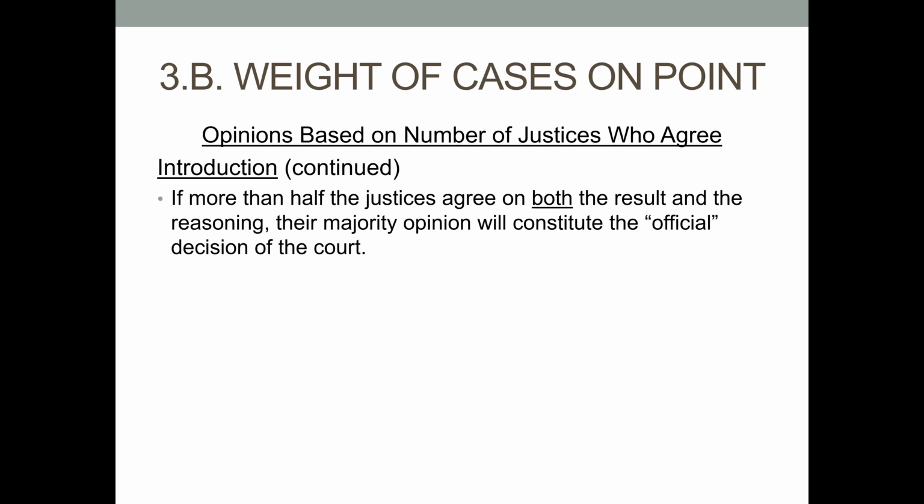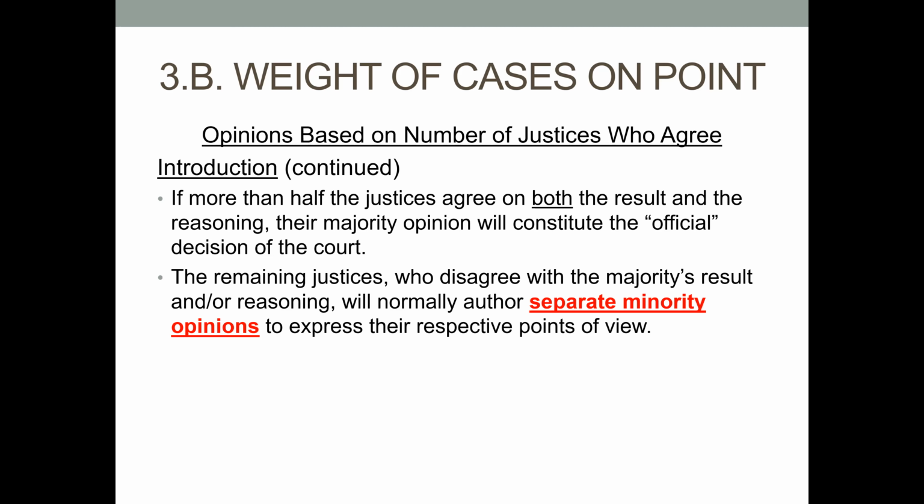And in that situation, the majority opinion will constitute the official decision of the court. It's kind of a majority rule situation. Now, if you have a majority like that, well, what about the remaining justices? What about the minority of justices?